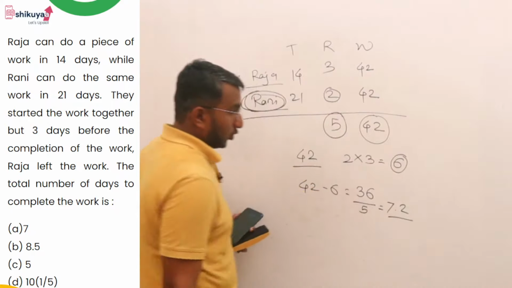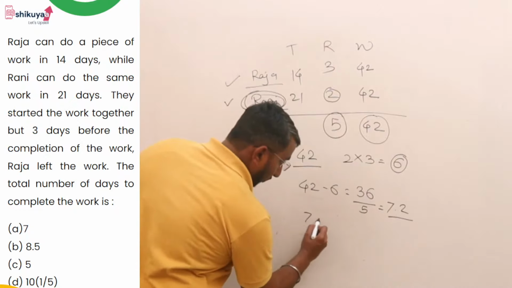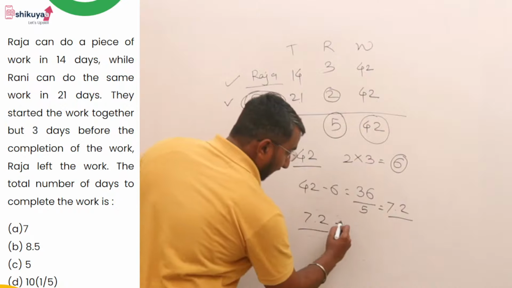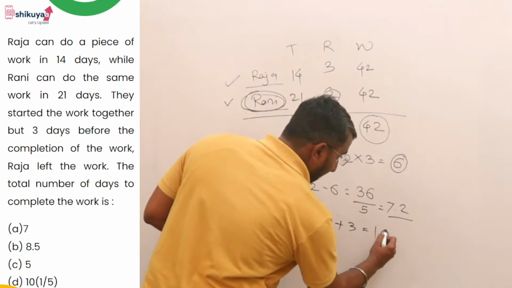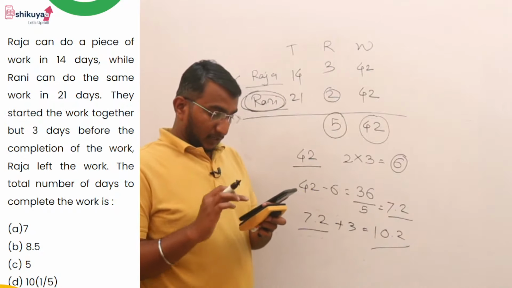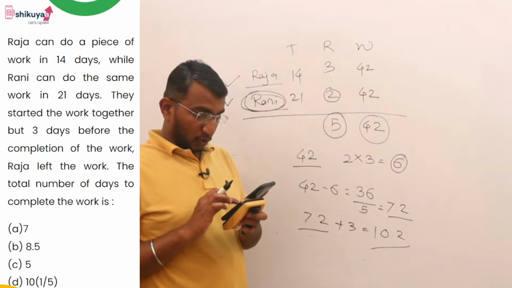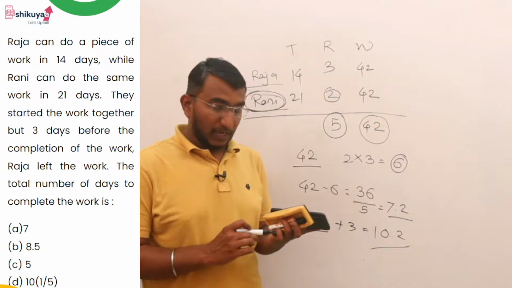Okay. So together they took 7.2 days, and 3 days while Rani worked alone. So how many days? It is 10.2. So .2 is nothing but 1 by 5. So the answer is given in option D, which is 10 integer 1 by 5.